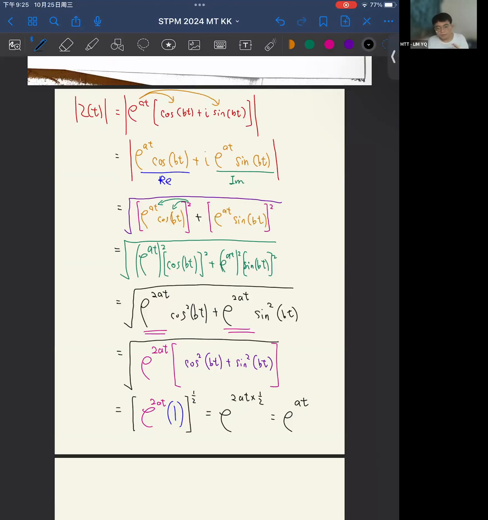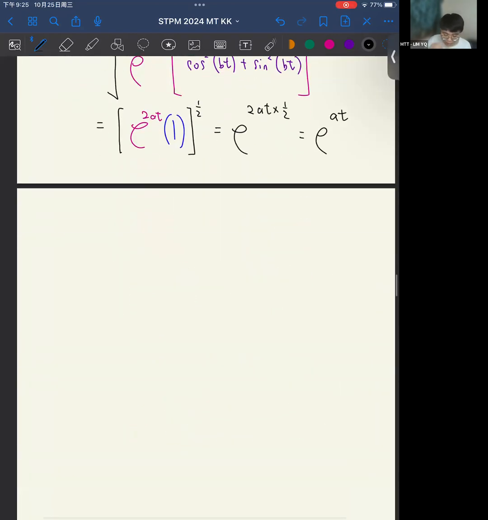After we have done that, they want to ask us what happens when a is greater than 0 and what happens when a is less than 0. There are two cases. Now we look at here and discuss one by one.